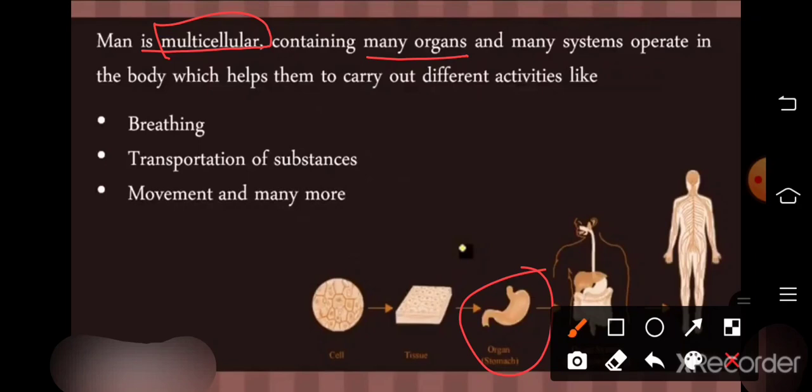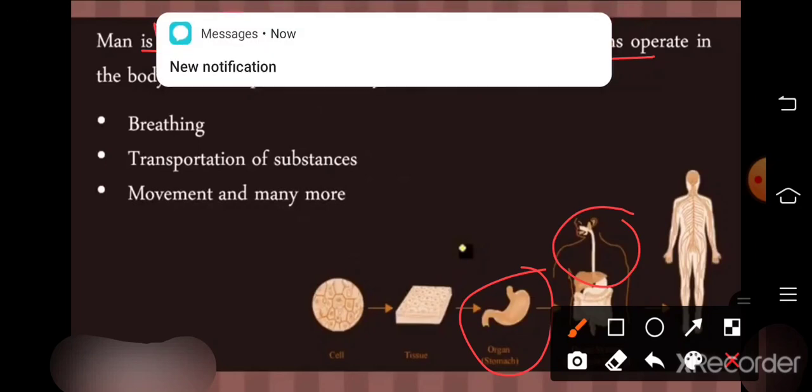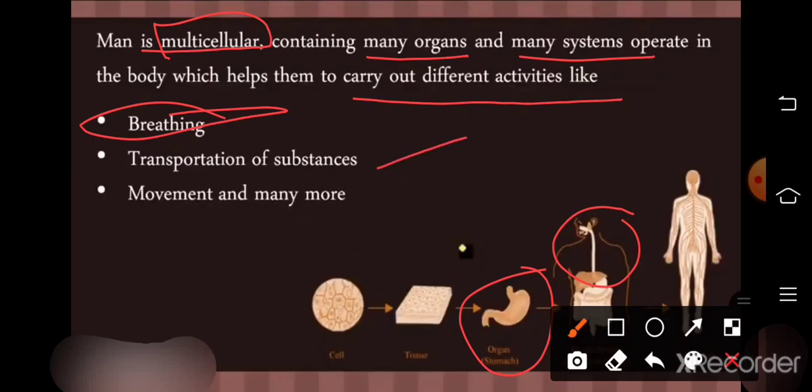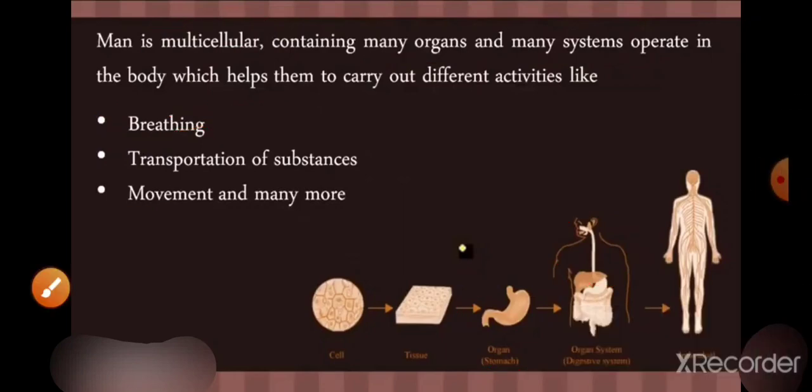And many systems, like the circulatory system, respiratory system, digestive system. These are the systems, and they carry out different activities, like they help in breathing, transportation of substances, movement, and many more.